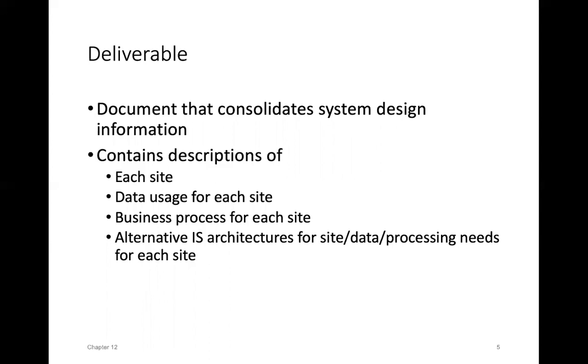We're also going to talk about how much data is being used in each site, by whom, and what business processes are being used in each environment. And we're also going to provide alternative architectures depending on the needs from a site data or processing perspective for each location as well.